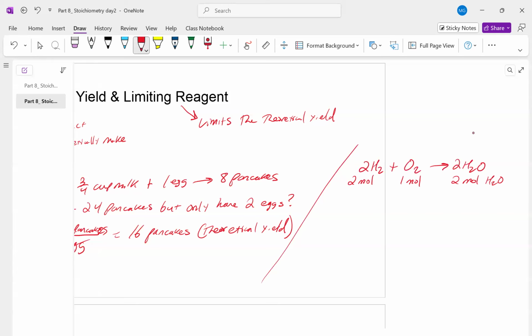So let's look at an example here. Let's say I have 2 moles of hydrogen and 1.5 moles of oxygen. How much water could I make?